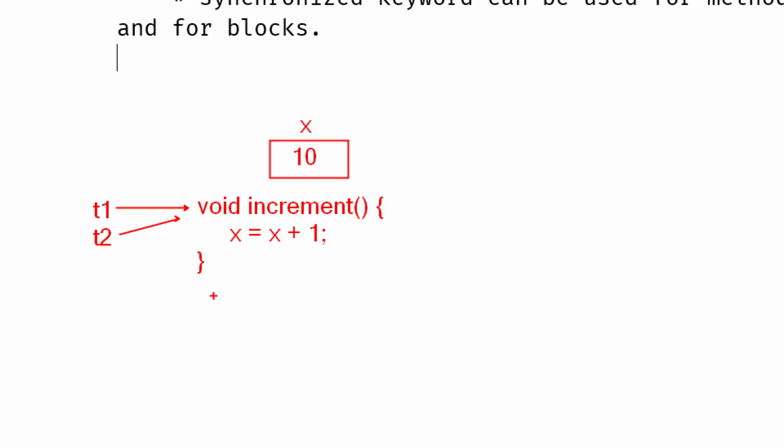Now tell me, if thread 1 prints the X value, can you tell me what the value of X is? Similarly, if thread 2 prints the X value, can you tell me what the value of X is?